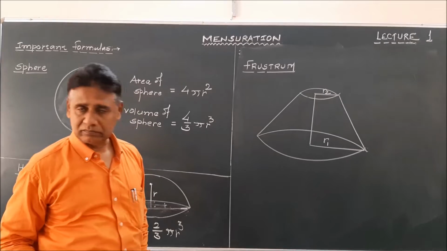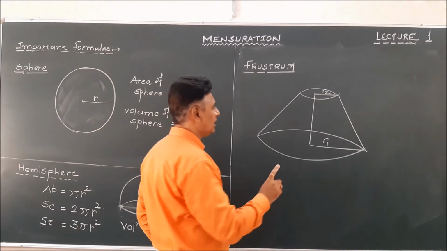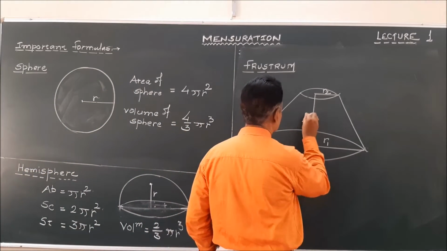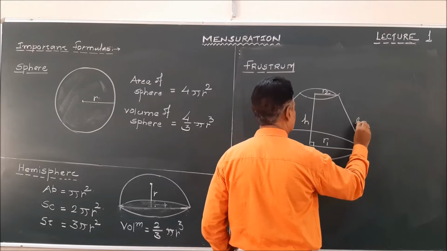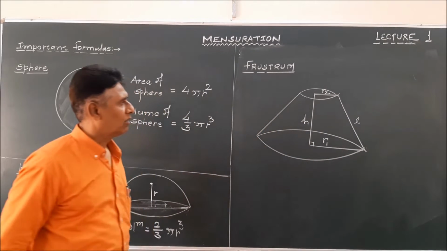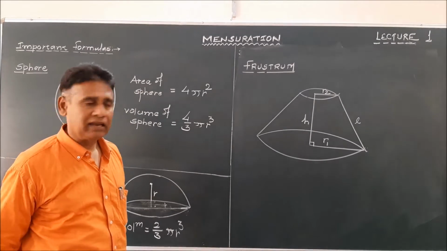Top and bottom are in circular form. This is h, this is perpendicular. This is h. Okay, R1, R2, L.